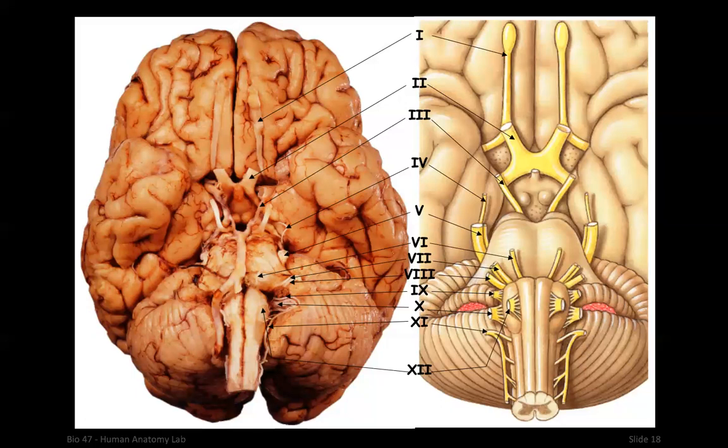So they're mostly in this anterior to posterior order. So if you know where to look and what to count, then you'll be able to figure out what nerves they are.